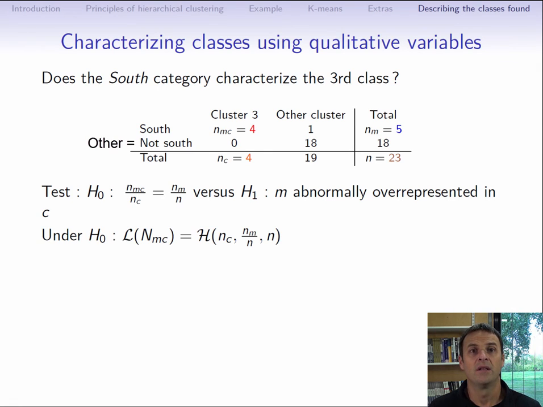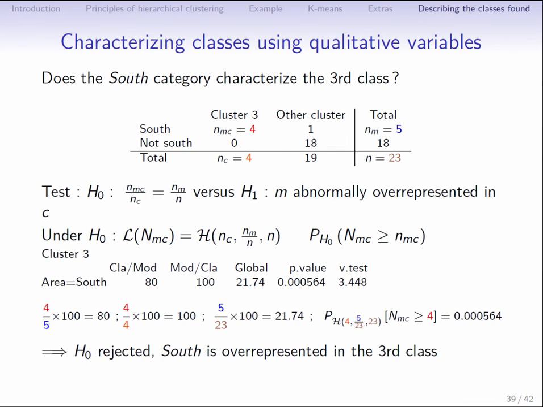Under the null hypothesis, the random variable NMC, which represents the number of individuals with category M in class C, follows a hypergeometric distribution with parameters n, nm over n, and nc. We can then calculate the probability to have an even more extreme value than the observed one, that is 4.